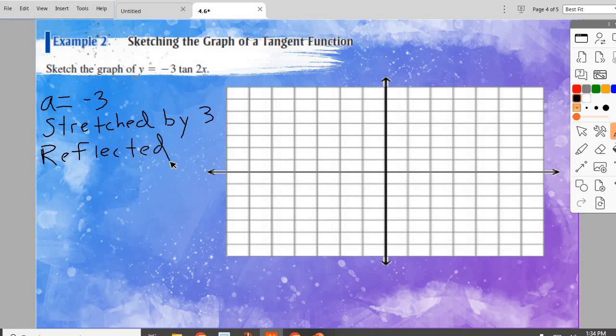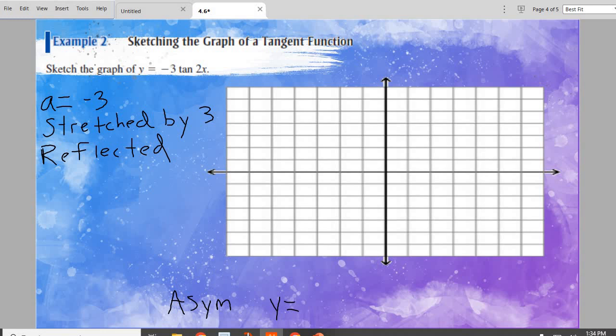So, whereas before, remember that normally it's an asymptote, and then y equals the negative number. This time, because it's been reflected, it's going to be the positive number, and because we've stretched it, it's going to be positive 3. Then we'll have our 0, then we'll have y equals the negative, and again, it's been stretched by 3, so 3, and then our asymptote.